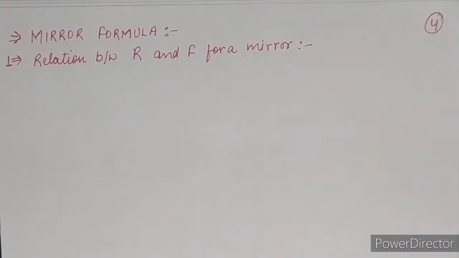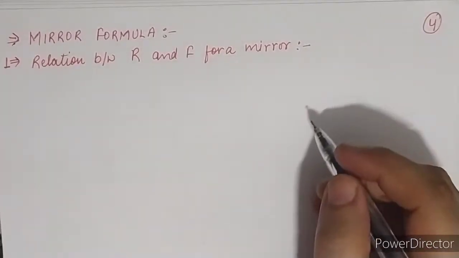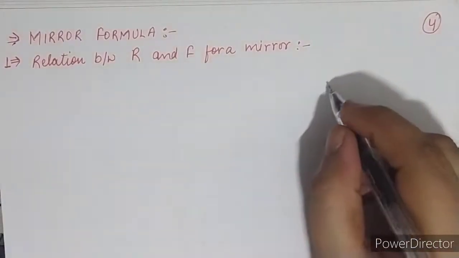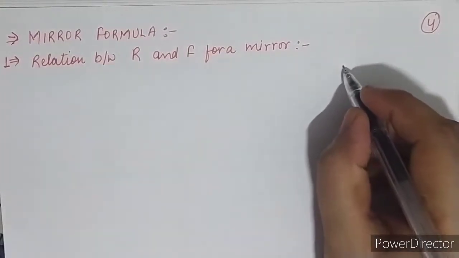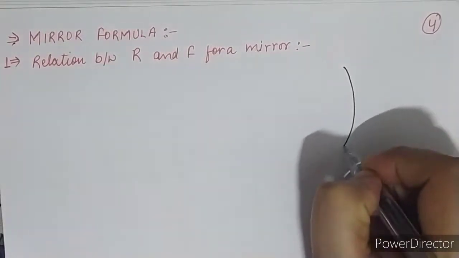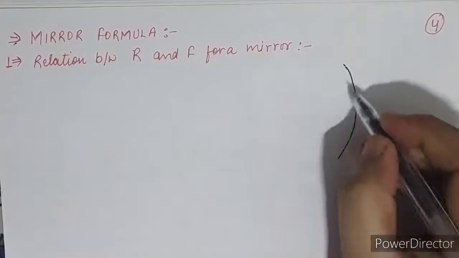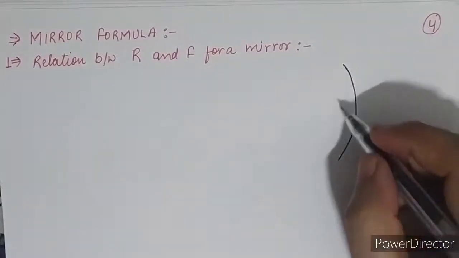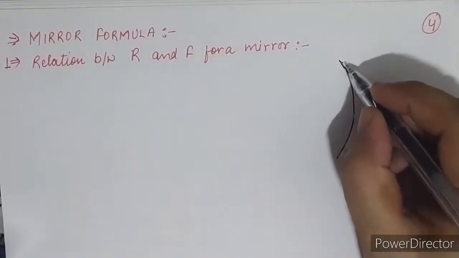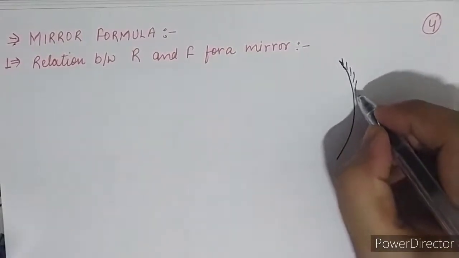For this relation, we have to take a concave mirror. So I am taking firstly a concave mirror. This is a concave mirror in which the inward curved surface is the reflecting surface and the outward is polished.